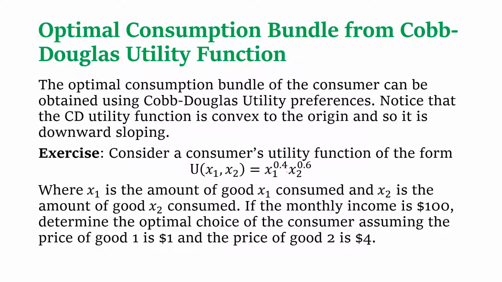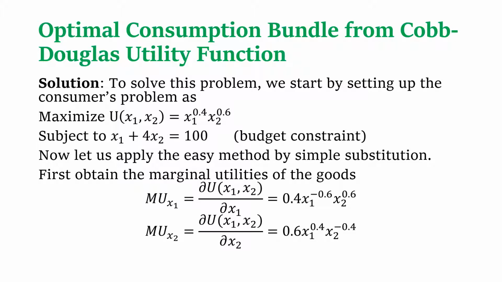Okay? Now, let's go ahead and set up the consumer's optimizing problem. To solve this problem, we start by setting up the consumer's problem as what? Maximize utility u of x1, x2 equals x1 to the 0.4, x2 to the 0.6, subject to what? x1 plus 4x2 equals 100.